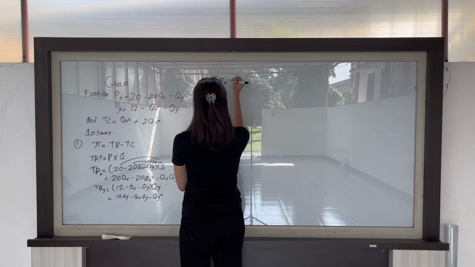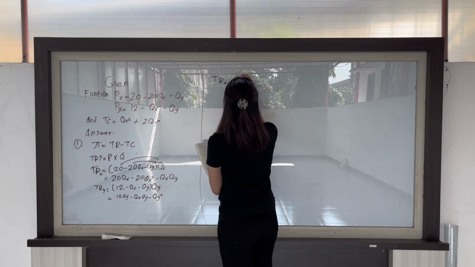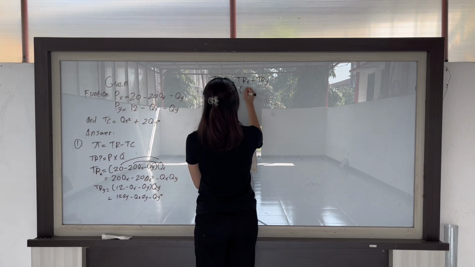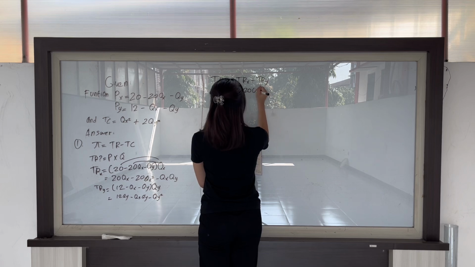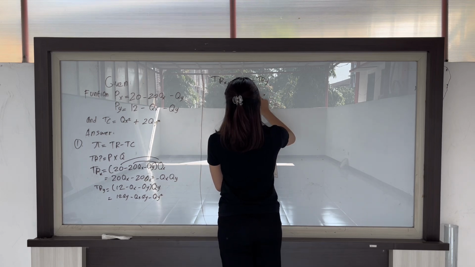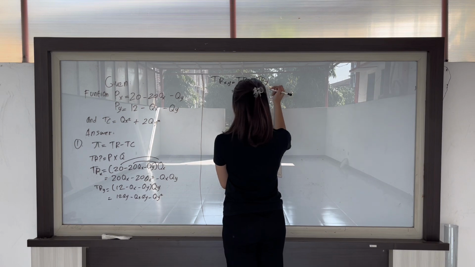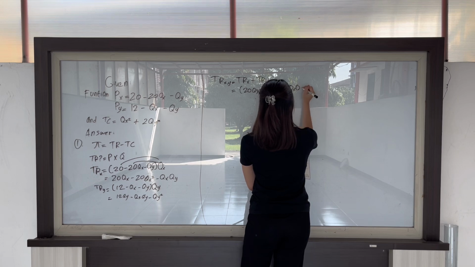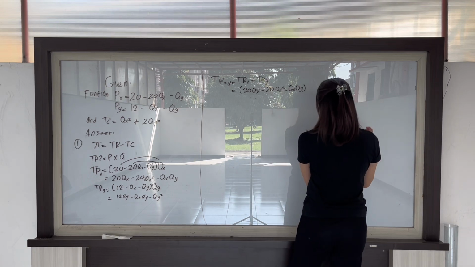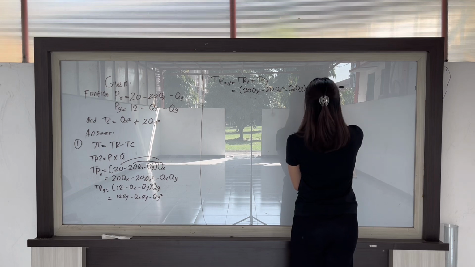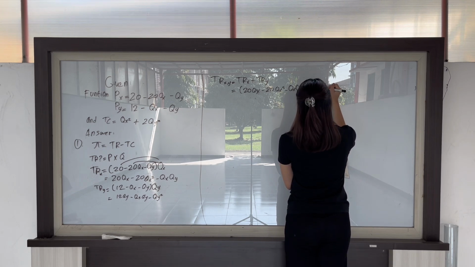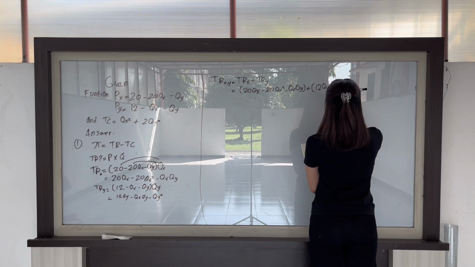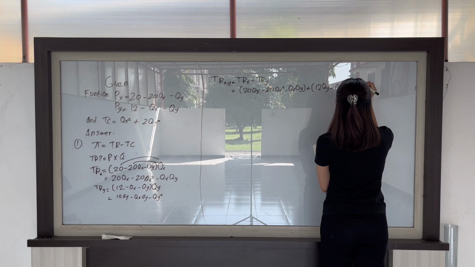The formula is TRx plus TRy equals 20 Qx minus 20 Qx squared minus Qx Qy plus 12 Qy minus Qx Qy minus Qy squared.